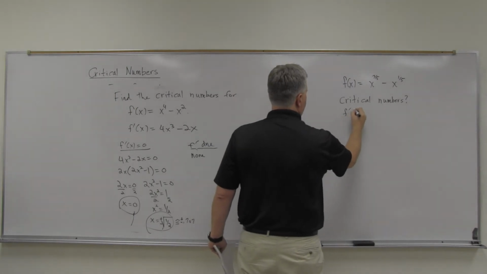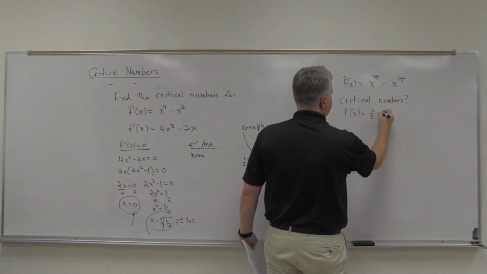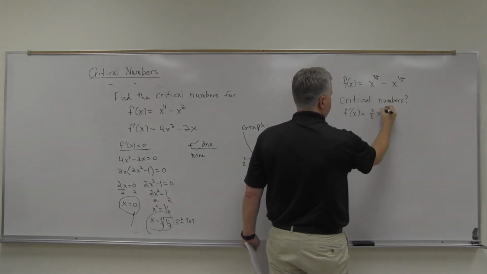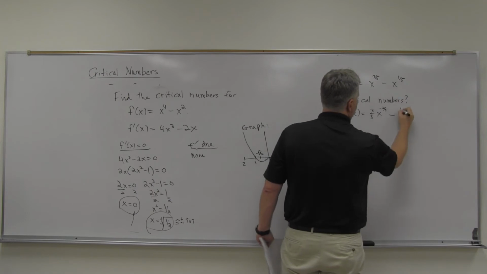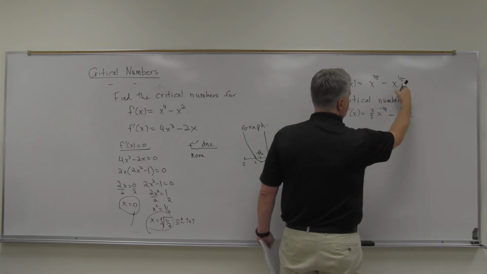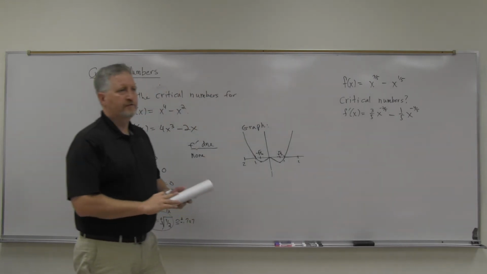All right, so f prime here is 3/5 x to the, subtract 1, you got negative 2/5, right? Minus 1/5 x, subtract 1, you got negative 4/5, for my derivative.